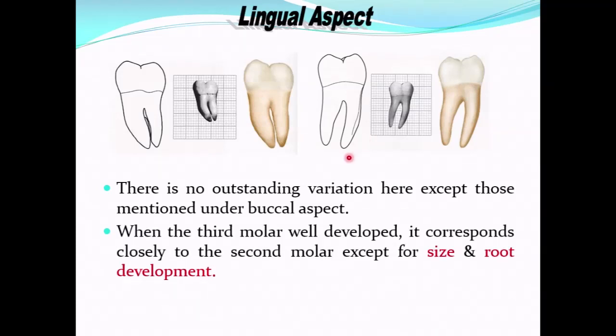When the third molar is well developed, it resembles or corresponds closely to the second molar, except for size and root development. The size will surely be smaller, the root development less, and the size of the crown is less.